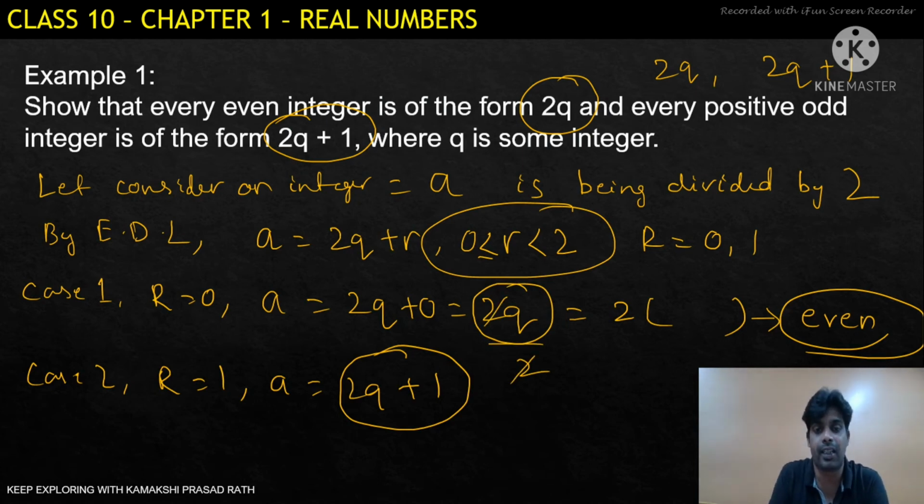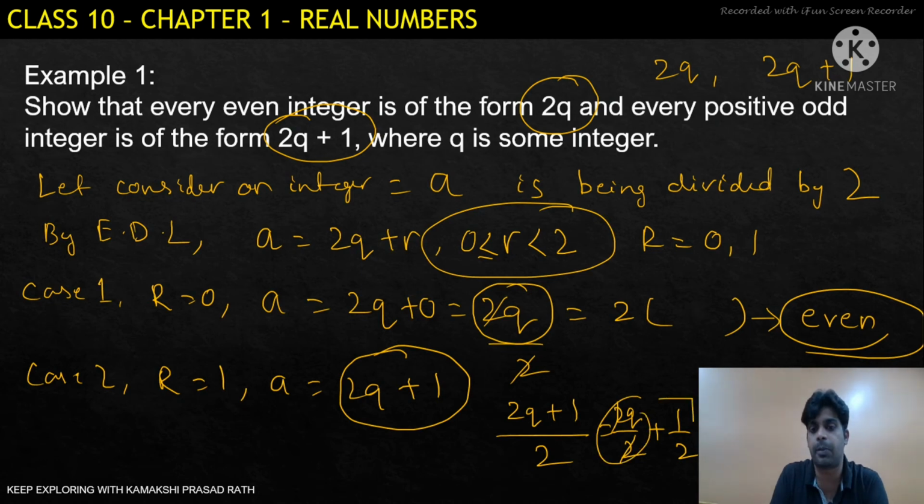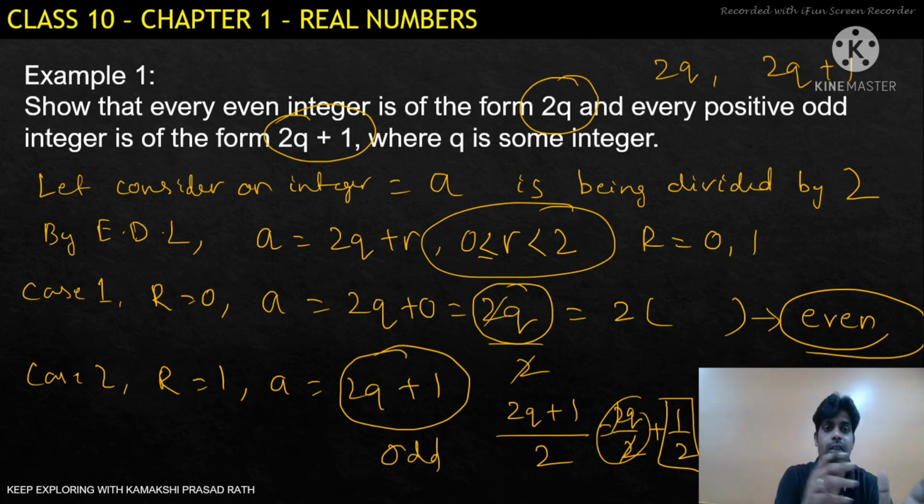But if I try to divide 2q plus 1 by 2, then 2q will be divided by 2, plus 1 by 2. This part can be divided, but the other part is never divisible. And we know that if an integer is not divisible by 2, then it's an odd number. Hence proved.